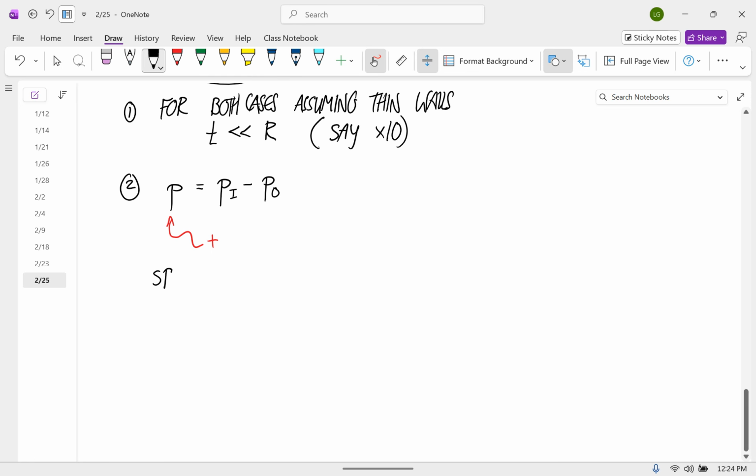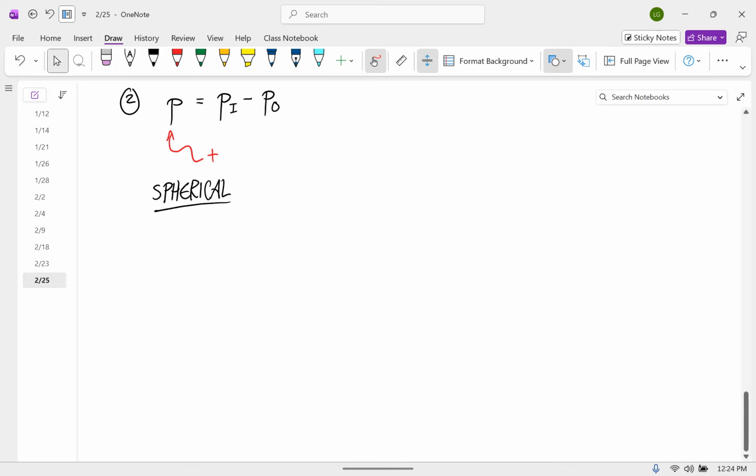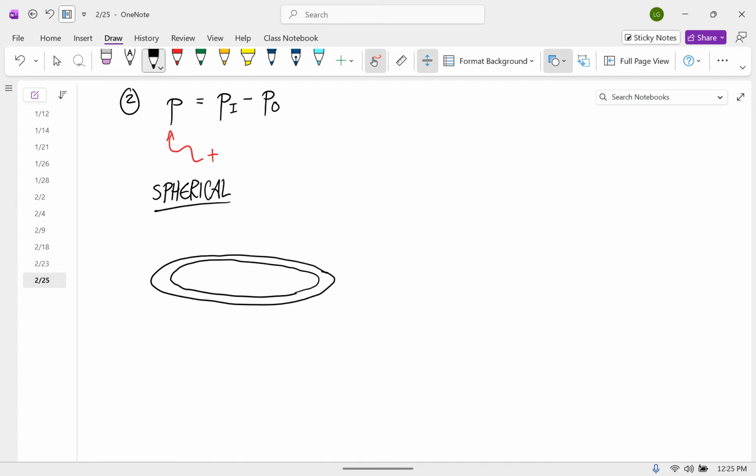So let's talk about spherical first. And think of a free body diagram of one half of a spherical pressure vessel. And think about the loads that are acting on this.